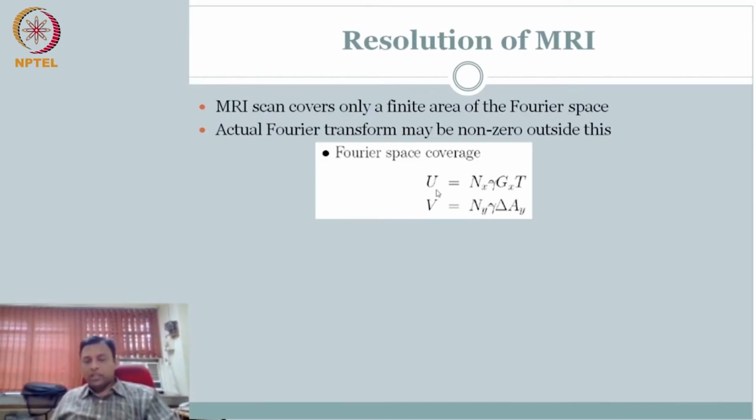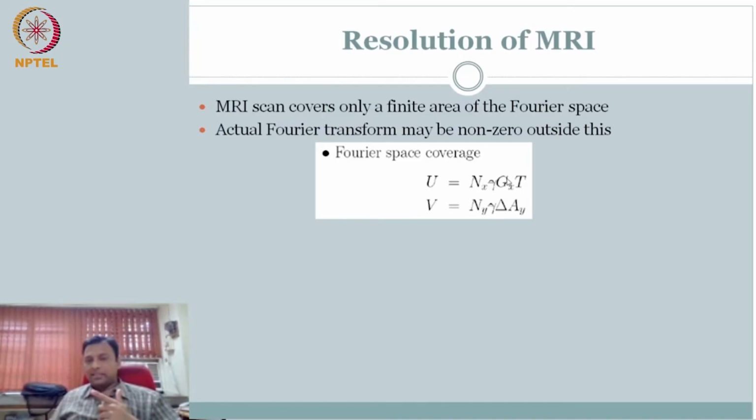So what is this U? It is the number of samples times the time period between samples in the X direction times gamma Gx. Gx is just the field strength gradient, and gamma is your gyromagnetic ratio, which converts to frequency per Tesla.